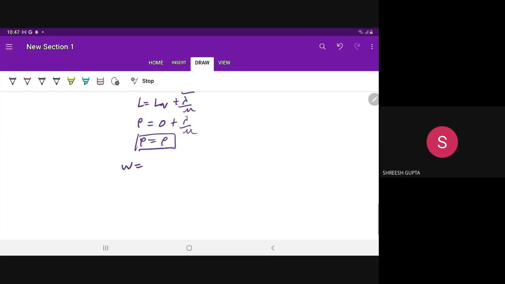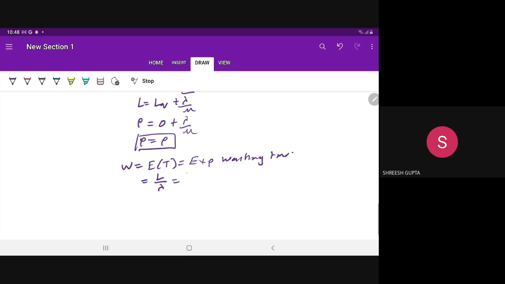And what is the W? It is E of T, the expected waiting time. By little formula, it is L upon lambda.